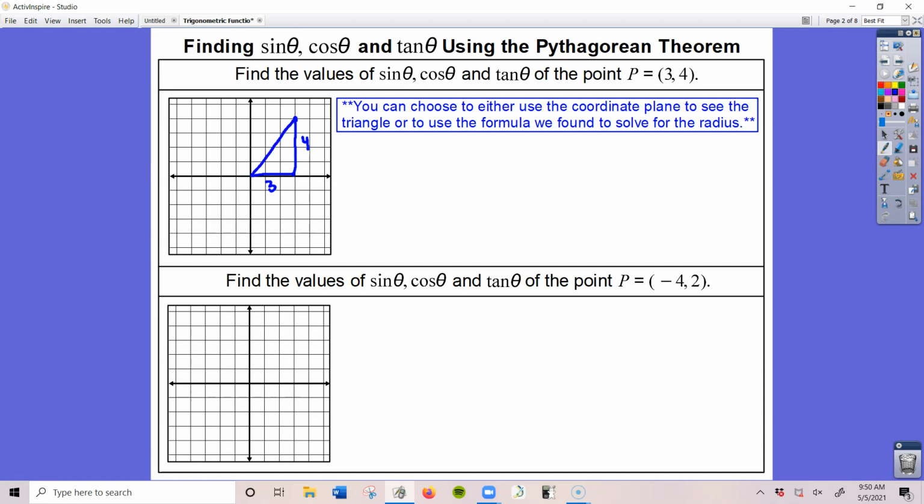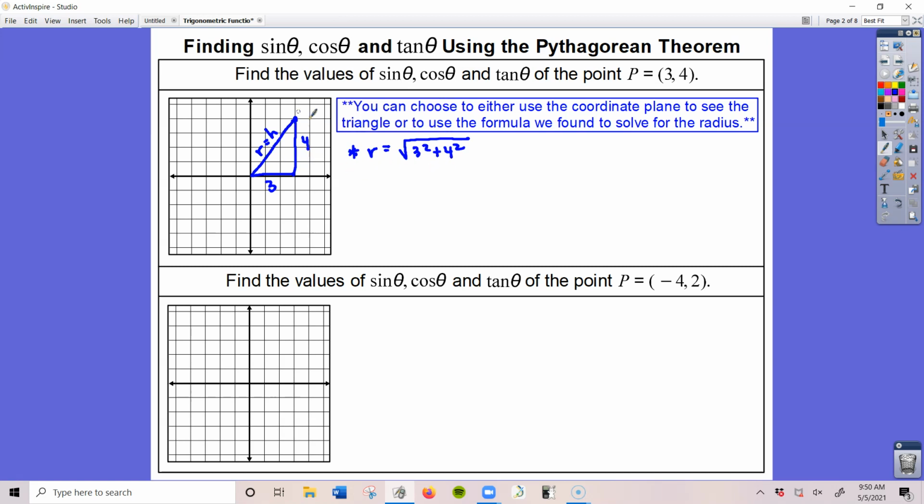To figure out the hypotenuse, we solve for the radius, because the radius is equal to the hypotenuse. The radius is equal to the square root of 3 squared plus 4 squared. Again, this comes from the Pythagorean theorem.